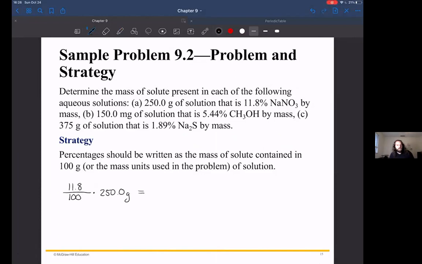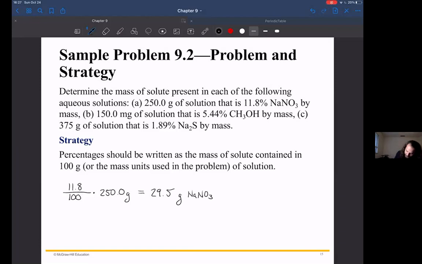Punch that into my calculator, and I am left with 29.5 units. These quantities over here don't have units, so I'm left with grams. And it actually already has the correct number of sig figs, so that's nice. So yes, 29.5 grams of solute, which in this case would be the sodium nitrate. Okay.